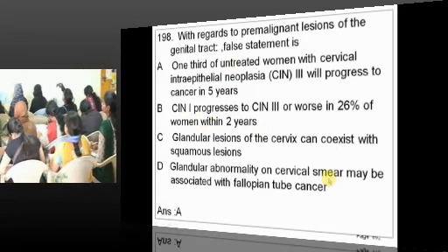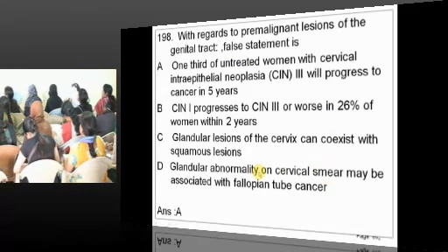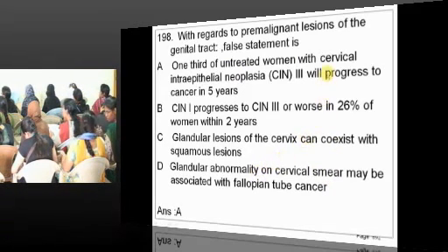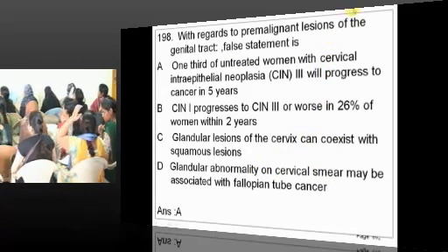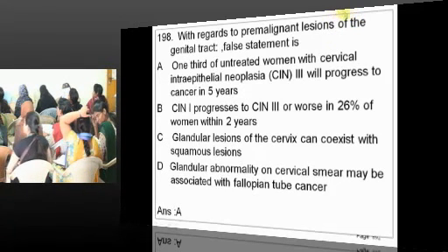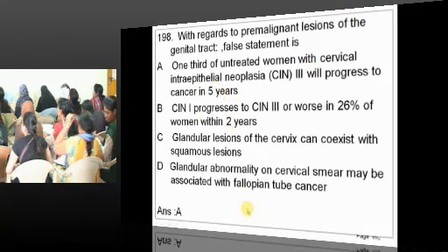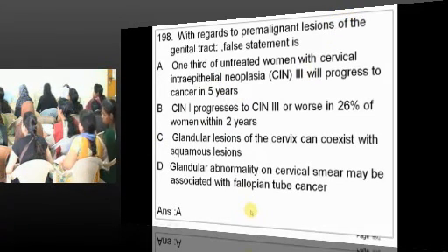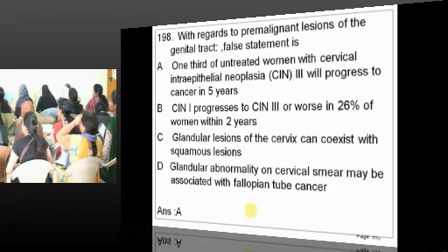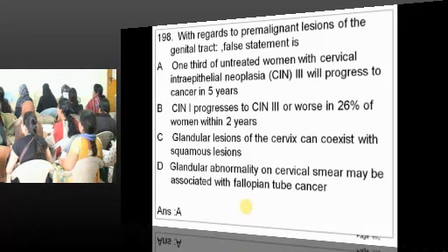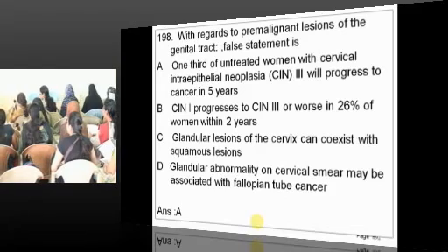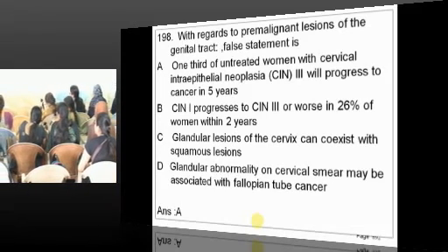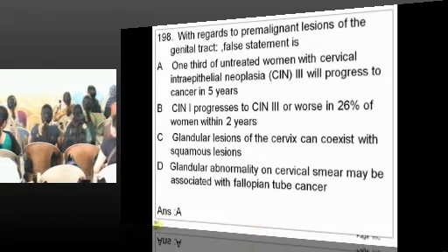CIN1 to CIN3 progression in 2 years, other than 26%, what is the figure in the mind? 1%. Maybe the 2 years may not be applicable in that 1%. Sir, that is why just follow-up is done, no sir, without doing anything. No, already statistics are there, and logic also on top of it. That doesn't work, doctor, you have to see, open the book once and see what is written in Shaw, what is happening recently.